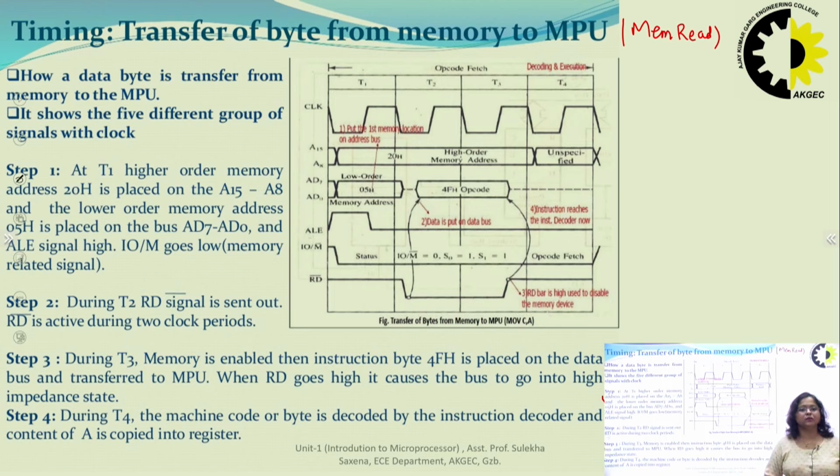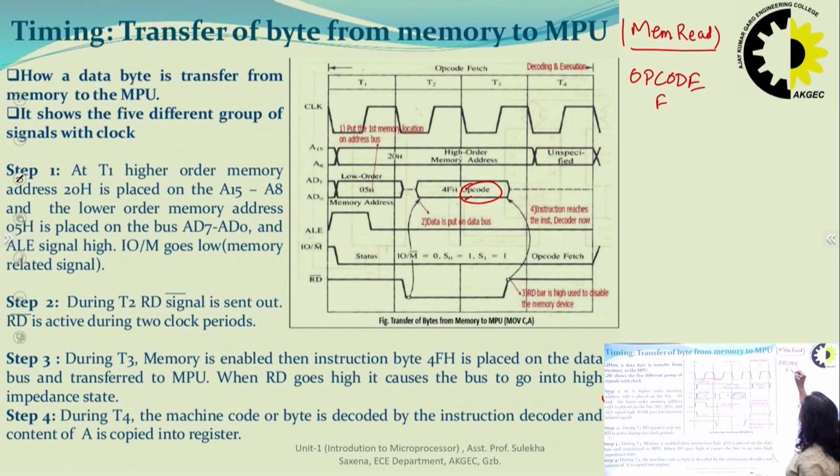It causes the read signal to again go high, and during the T4 machine cycle, the machine code or opcode is decoded. So this is an example of opcode fetch or memory read machine cycle. Basically, we are fetching an opcode, so it is opcode fetch.